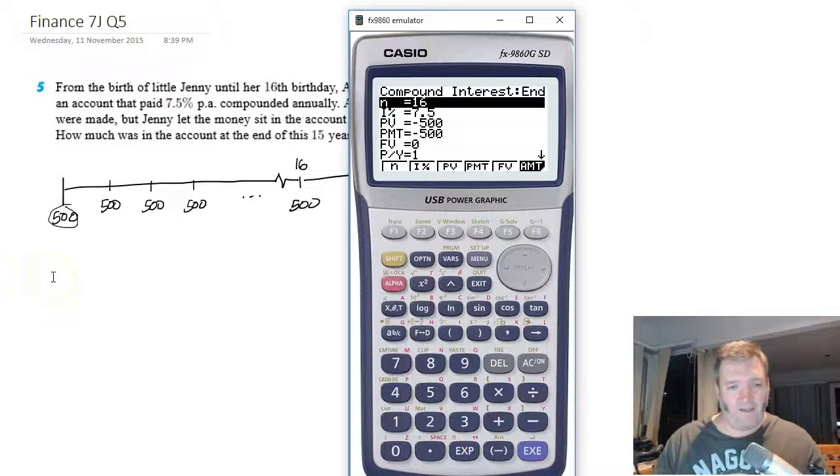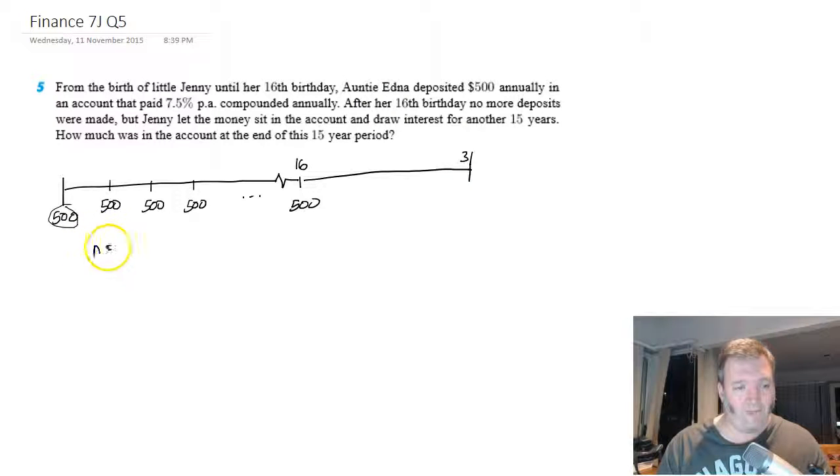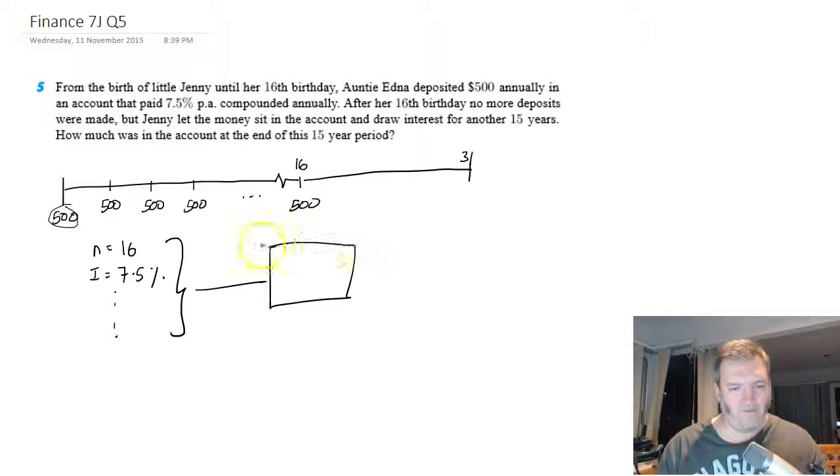So that's the information we need. You would write that down in the exam. So when you use TVM Solver, write down in the exam, you know, n equals, I equals, etc. And then we show that that is going to give me the value at that time under the 16.